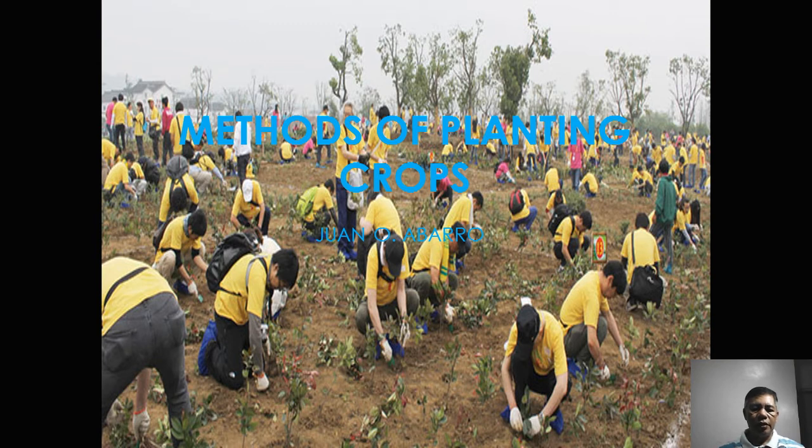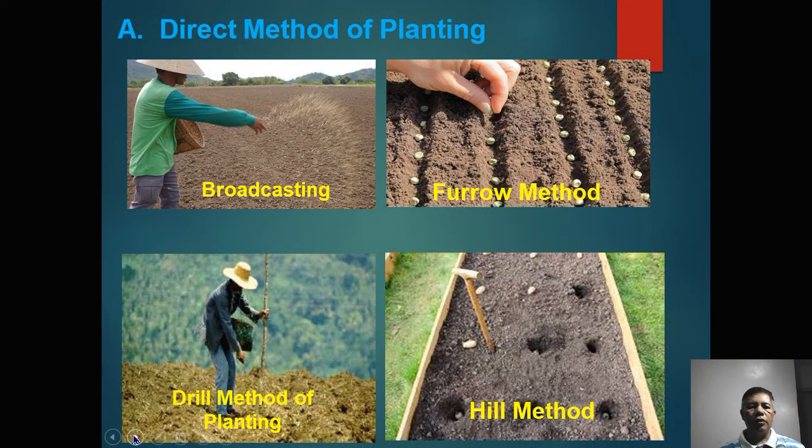Let us start now with the direct method of planting. Direct method of planting is a method of planting crops wherein the seeds are directly planted in the field or ground.